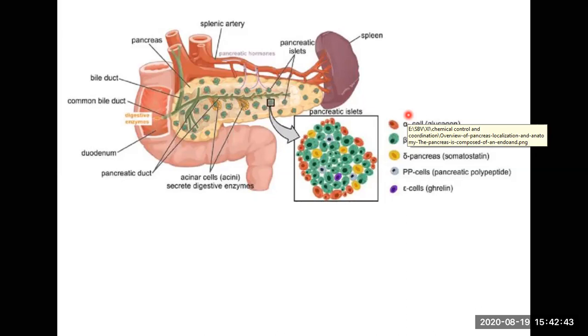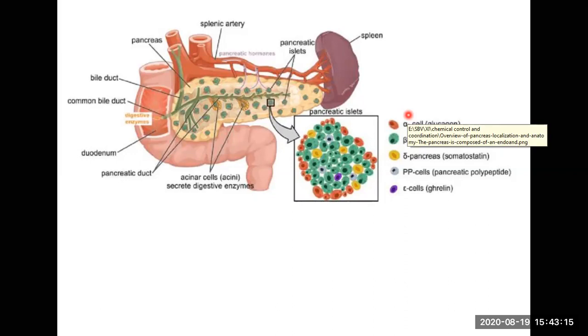All the excess glucose in our body is stored in the form of glycogen in our liver cells, the hepatocytes. When the body requires this glucose, the glycogen is converted into glucose by the process called glycogenolysis, the breakdown of glycogen. That's why during fasting, if we are not eating anything, the body is still able to get energy, and that energy comes from this process, where glycogen is converted into glucose.